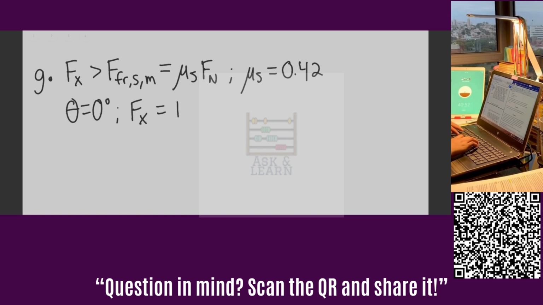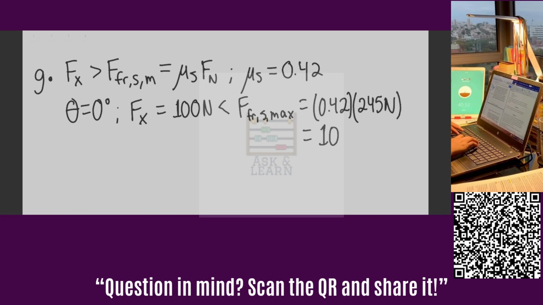This would be actually less than the maximum force of static friction, which would equal here 0.42 times 245 newtons, and this is equaling 103. So it's just below the maximum static frictional force. So for part G, we can say that for theta equaling 0 degrees, the crate remains at rest.